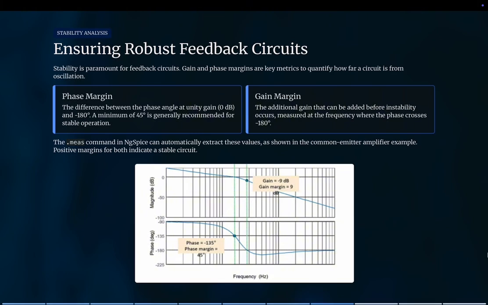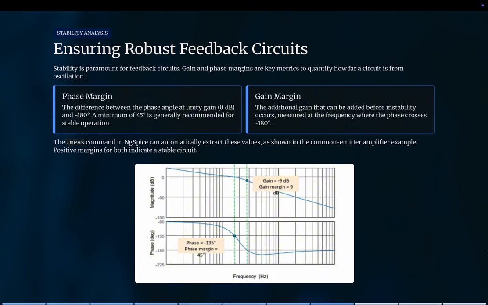If at the gain crossover frequency where gain is 0 decibels, your phase is near minus 135 degrees, then phase margin is 180 degrees minus 135 degrees, which results in 45 degrees, which tells us that it's stable.